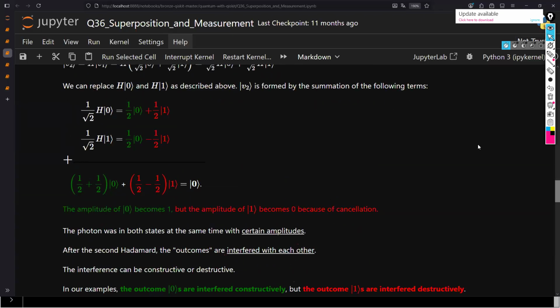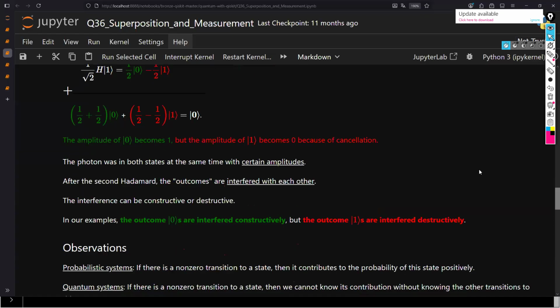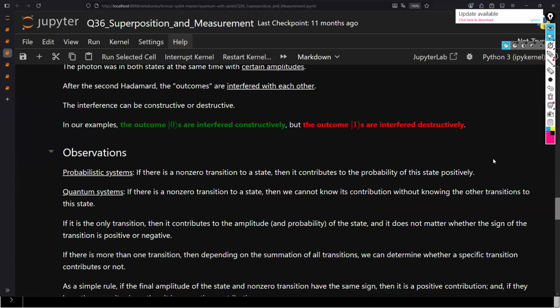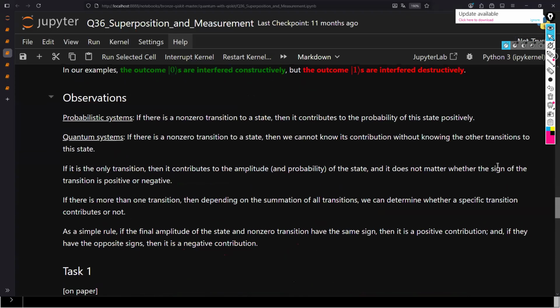Let's say a gate, or for example a polarizer inside of this hardware, would interfere either constructively or destructively with our current set of states.